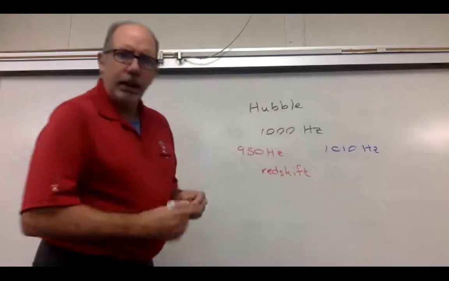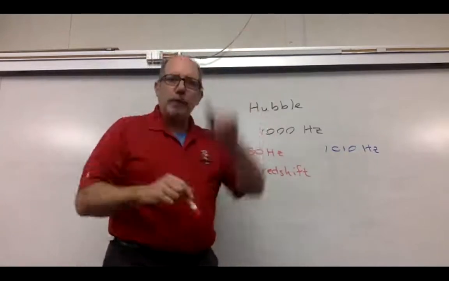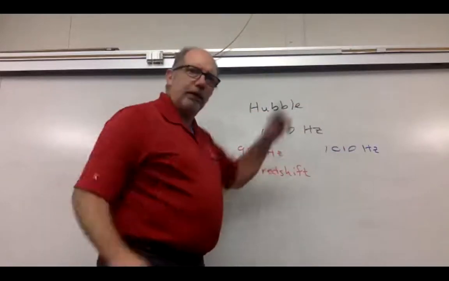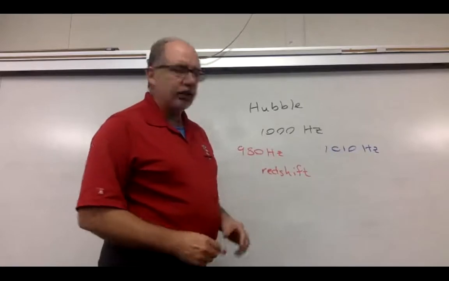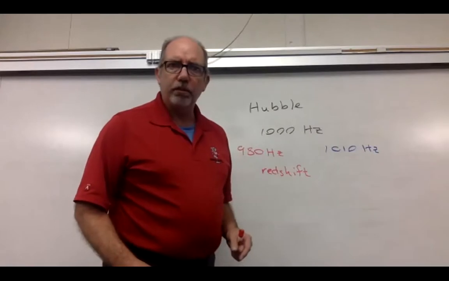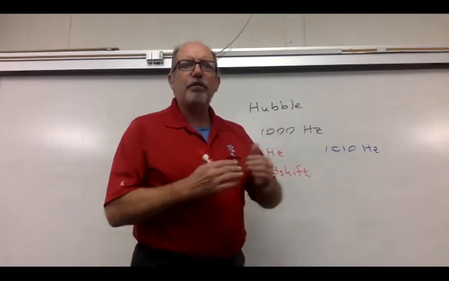Maybe you've heard of it. The Doppler redshift. Hubble found that no matter where he looked, up, down, left, right, everything in between, he found the vast majority of the galaxies were redshifted and therefore moving away from us. And he found that the farther they were away, the faster they were moving.